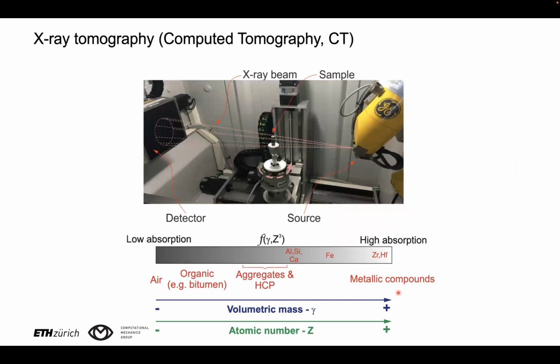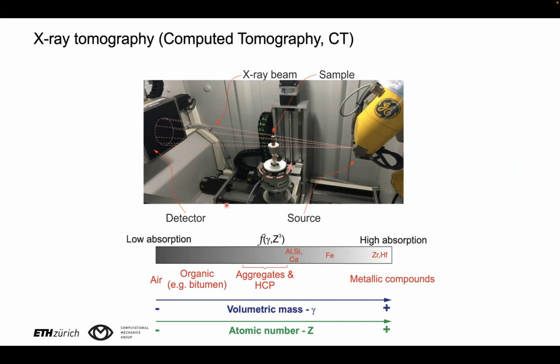In this slide, you see the basic idea behind X-ray tomography. We have a source of X-rays. These X-rays are sent through the specimen and are then intercepted by a detector, which is basically measuring how much of the X-rays is being absorbed by the specimens.